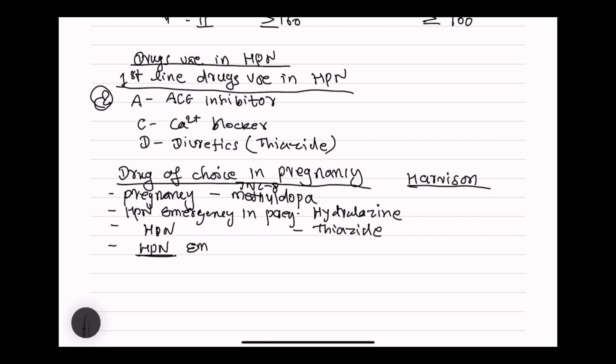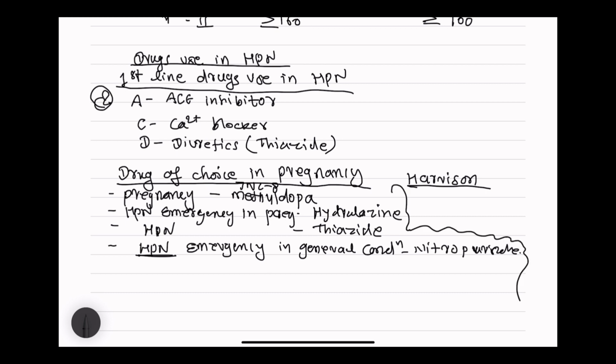For a hypertensive emergency in the general condition, we will give nitroprusside, according to the JNC 8.